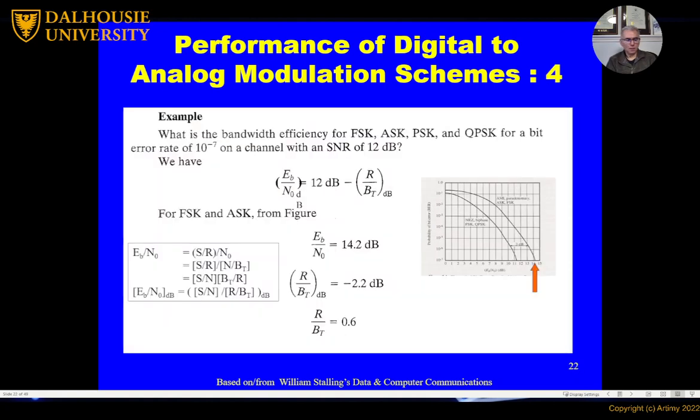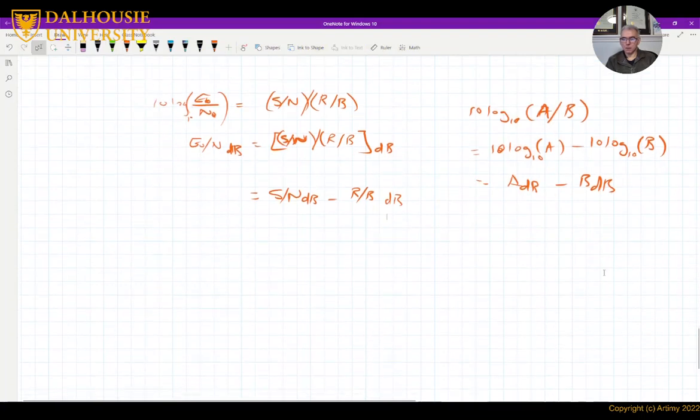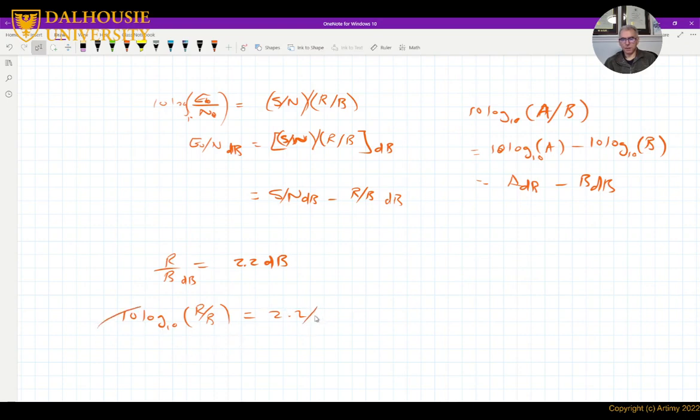So now I have the rate over bandwidth equal 2.2 dB. Remember, in dB, this is 10 log 10 R over B. So what I need to do is divide this by 10 and take the log 10 from one side.